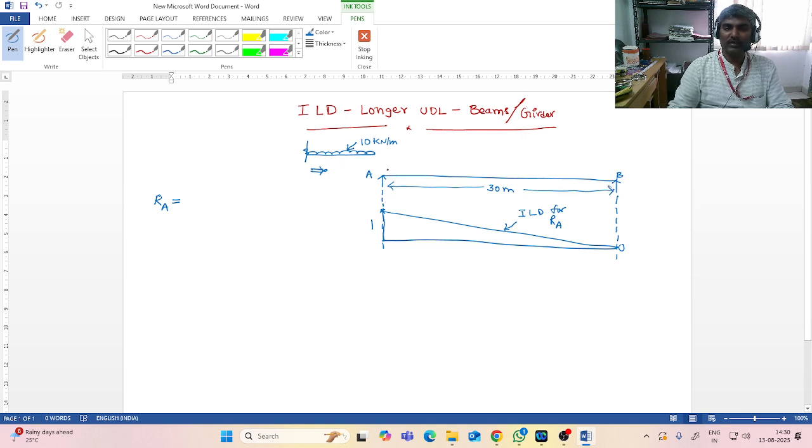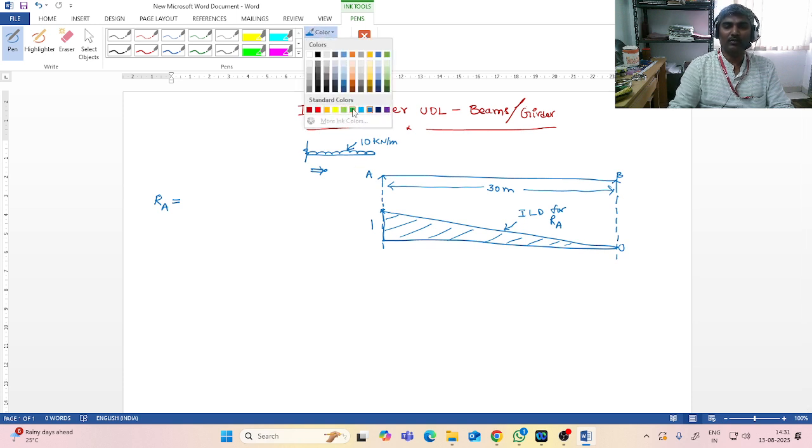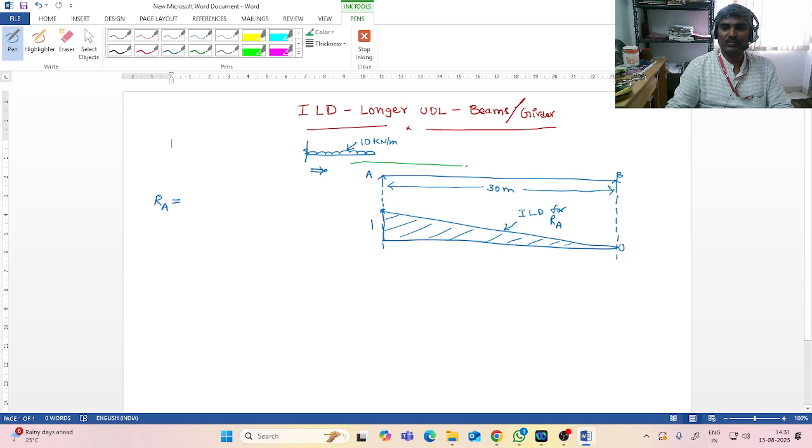While it travels, when the head reaches B, there will still be some more UDL left behind A, which means the UDL can occupy the whole span. So if the UDL occupies the whole span, it is occupying the whole area of this ILD. Now I'll draw the UDL also, which takes a position something like this.